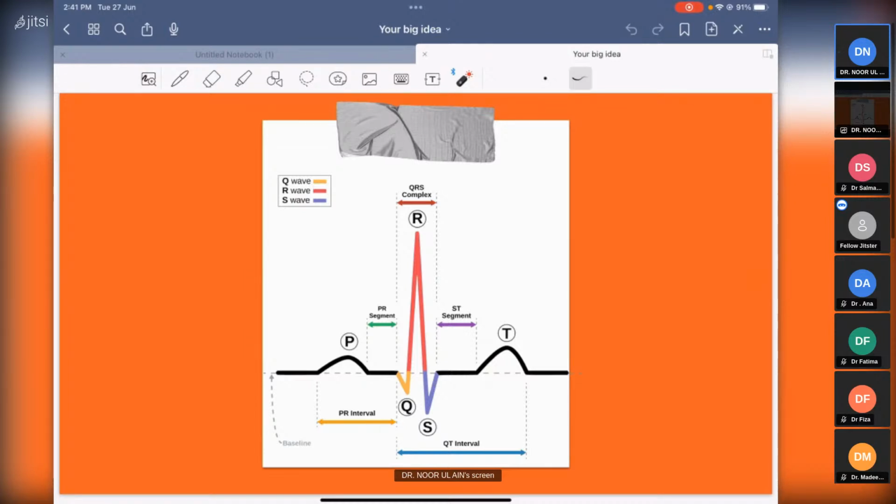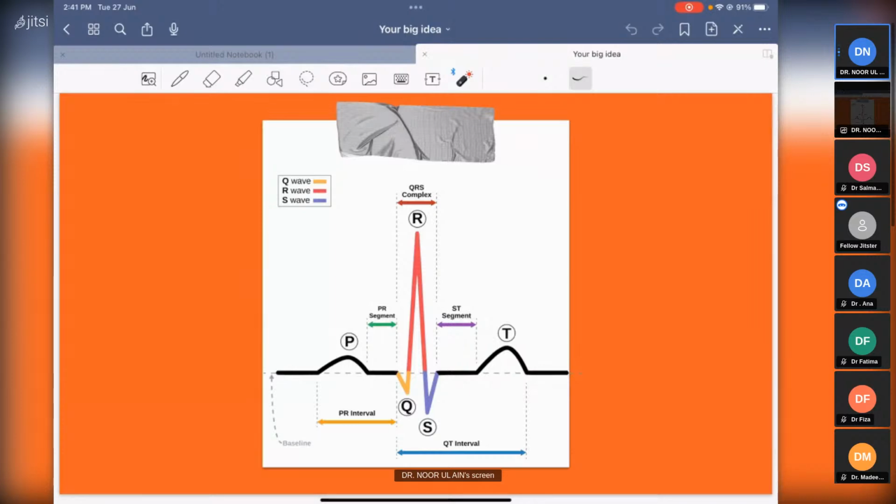Hello? Yes? Okay, so then we come to the T wave, which is the ventricular repolarization. This happens when the entire ventricular tissue is depolarized, and the last point to depolarize is also the first point to repolarize. So the T wave, which is a positive deflection, again represents ventricular repolarization. Okay, so everybody knows what I'm going to talk about.